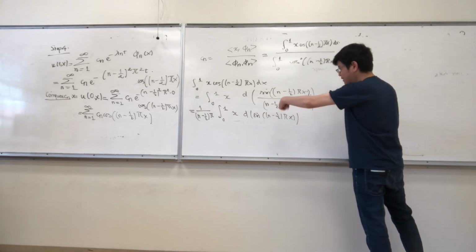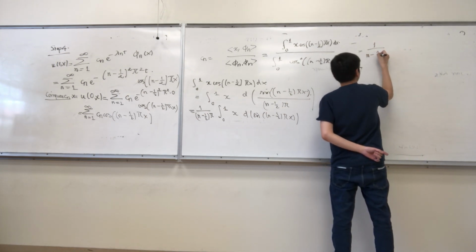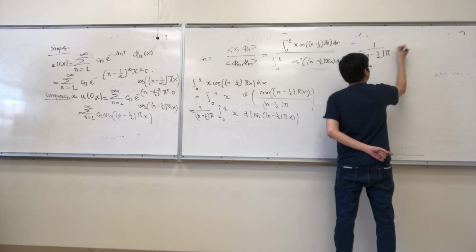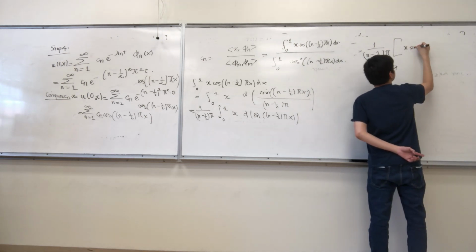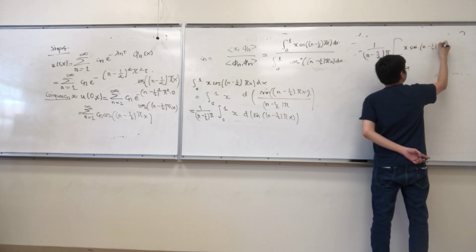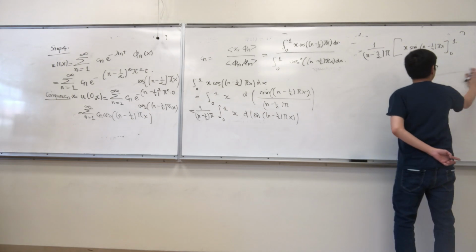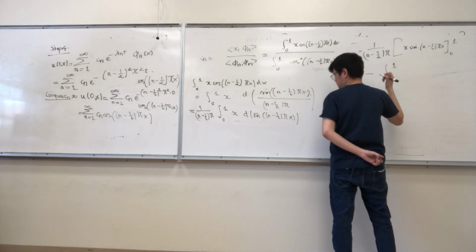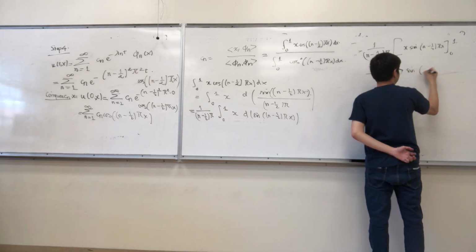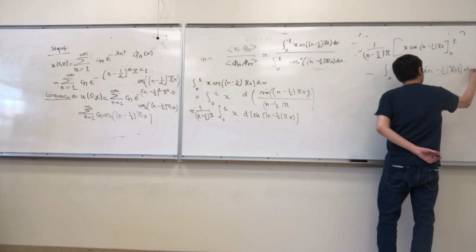So now I'm going to do integration by parts, and I have 1 over (n minus 1/2) pi times x sine of (n minus 1/2) pi x from 0 to 1, minus the integral from 0 to 1 of sine of (n minus 1/2) pi x dx.